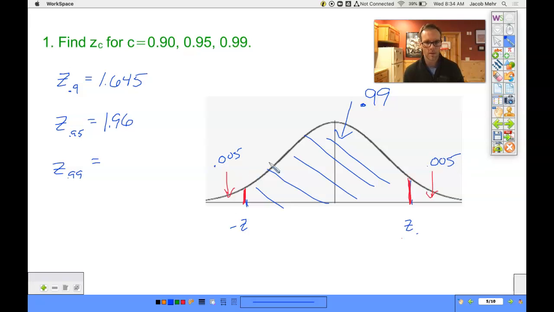So I'm going to look up 0.005. There we go. I see 0.0049. I see 0.0051. So I'm going to take what's halfway between those, negative 2.575.